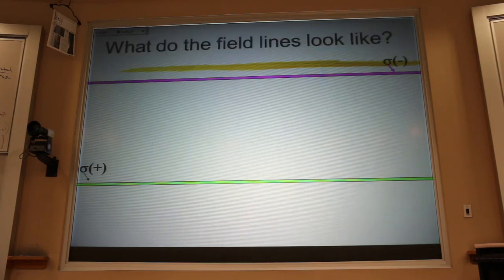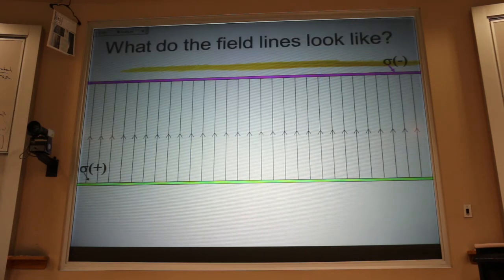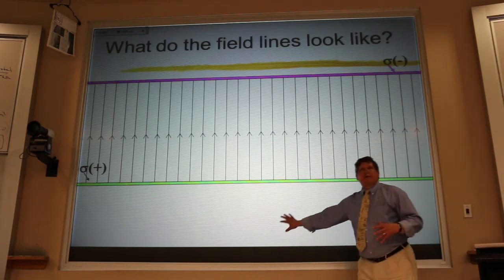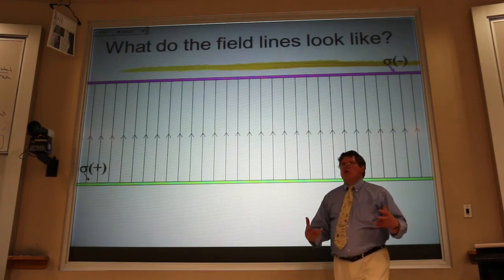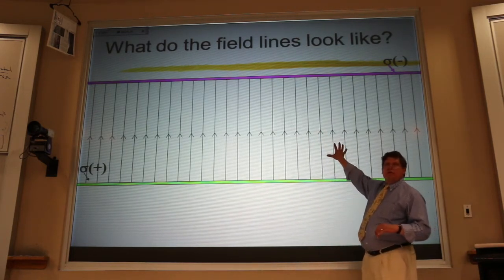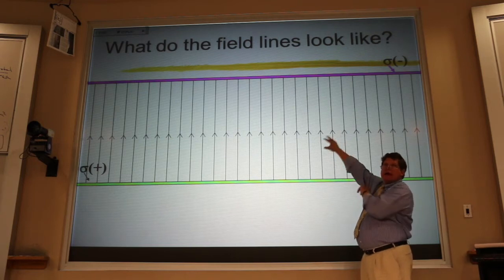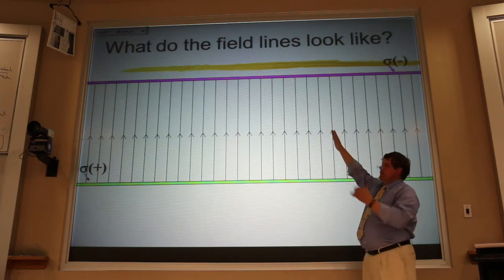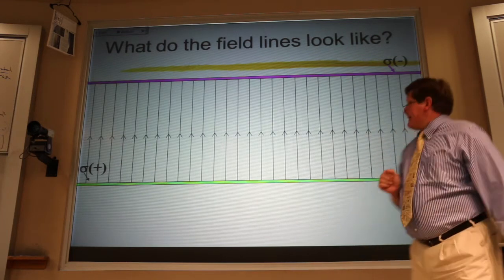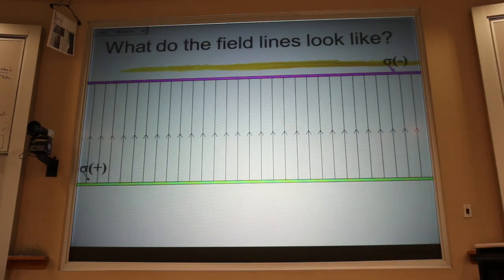Now, the way I would represent this with field lines, I'm trying to represent that there's no electric field out here. I do that with no field lines. I'm trying to represent that the field in between the plates points up and is everywhere the same magnitude. I do that by putting the lines parallel to each other. Okay? Now, this is a very, very useful device.